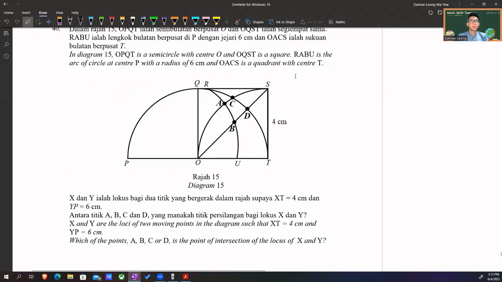And question 40. I have RABU, an arc of a circle with center P. So I can connect from P to Q like this, and this will be an arc, a sector basically.